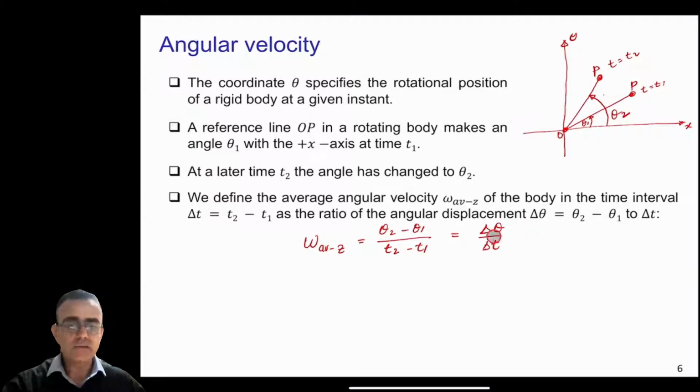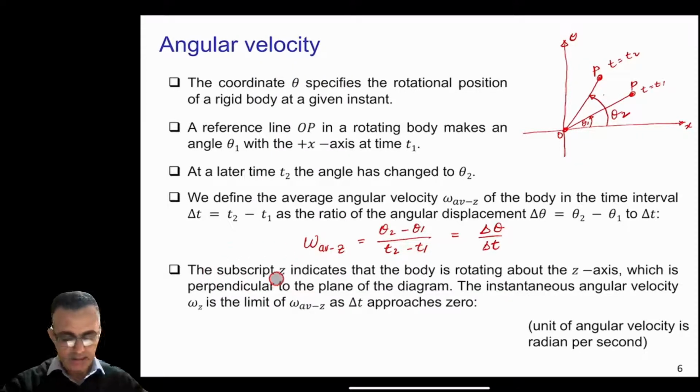This is how you represent the angular velocity: the angular displacement divided by the time. The subscript z indicates that the body is rotating about the z-axis, which is perpendicular to the plane of the diagram.